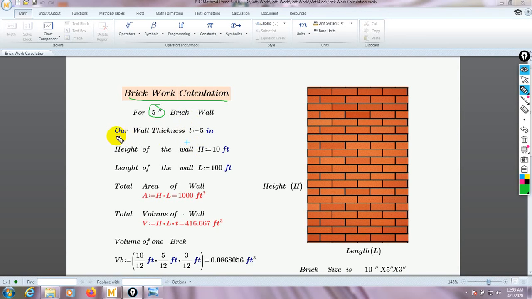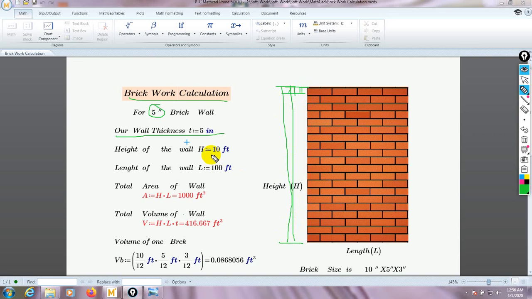So here our wall thickness is T equal to 5 inch, and the height is floor to floor height. And you have to consider that sometimes you will find some distance of a beam here. You have to subtract the beam distance from the total height.